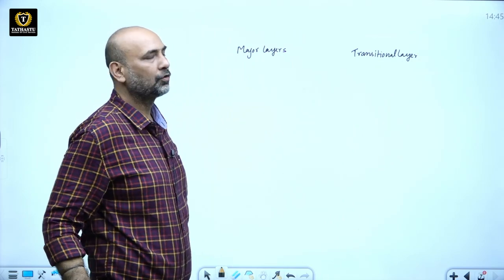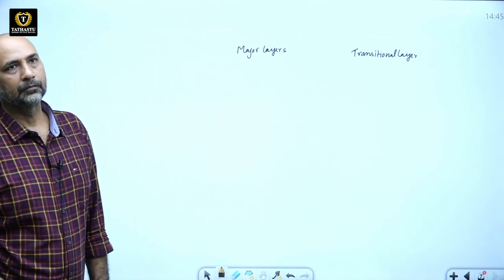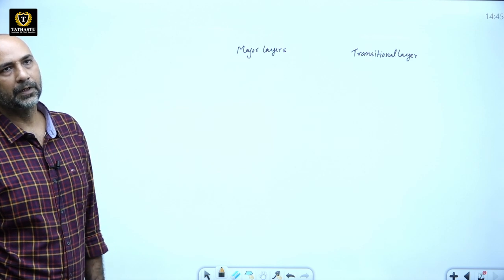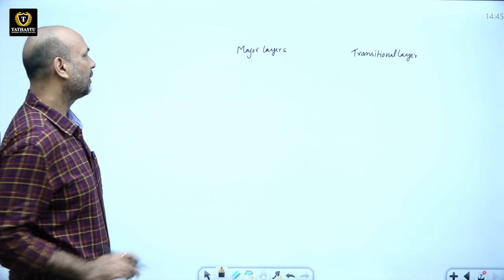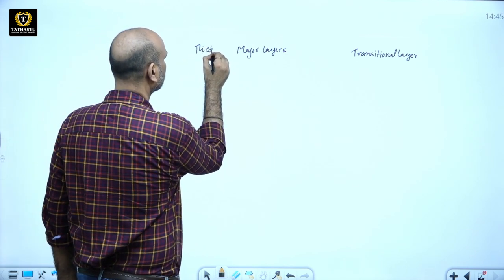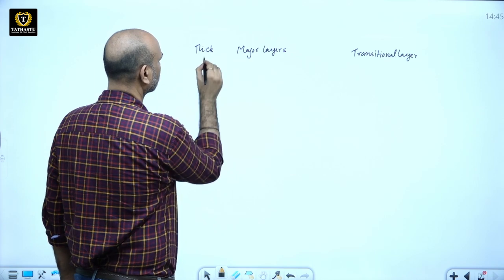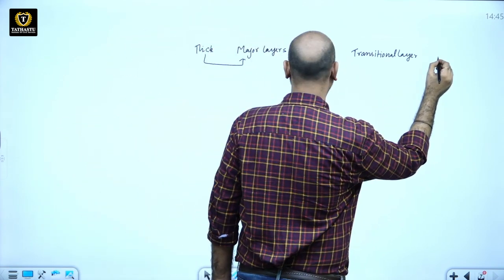This way it is going to be easy to memorize. Memorization is going to be easier. Understanding is going to be easier in the form of the chart. Remember that major layers are thick. Transitional layers are going to be thin.